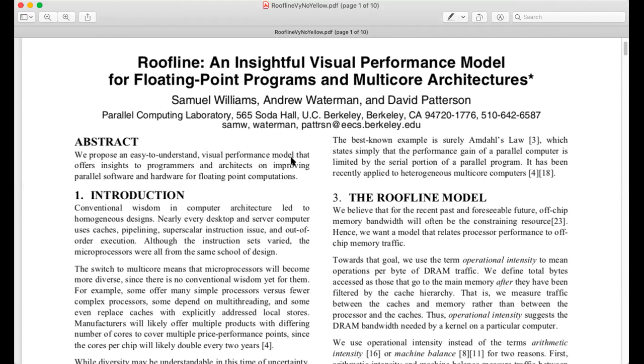We change this and see what happens, we change that, like loop unrolling, and then maybe tiling. Based on some intuition and experience, we try a bunch of things to improve the application performance.